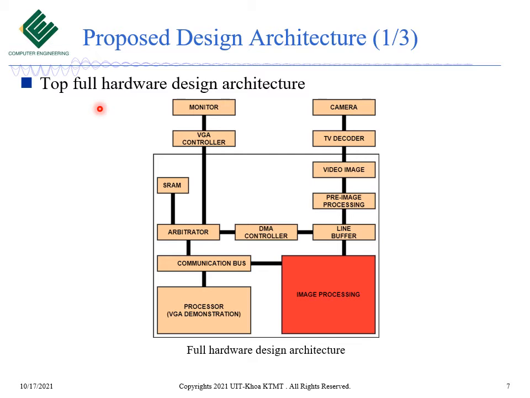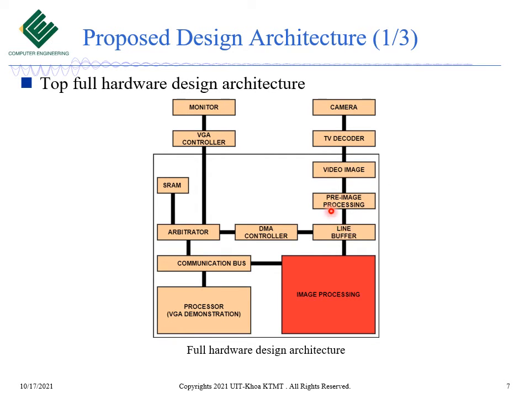And here is our hardware design architecture. This is the full hardware design architecture. The information captured from the cameras goes to the video image processing chip to get the basic information from the cameras.